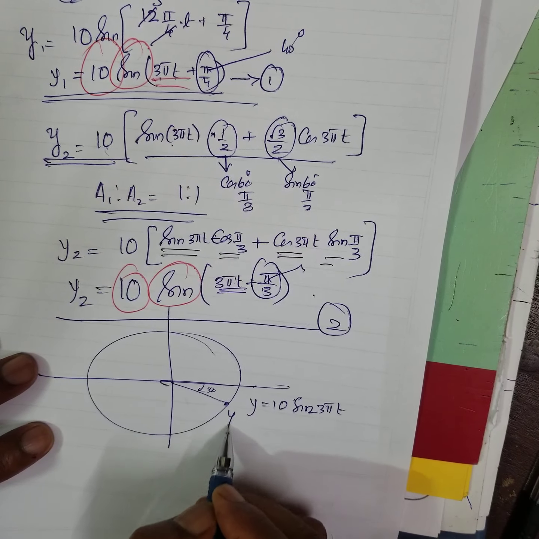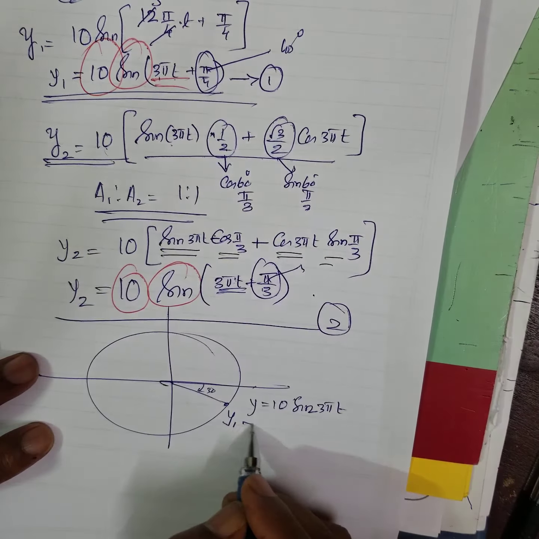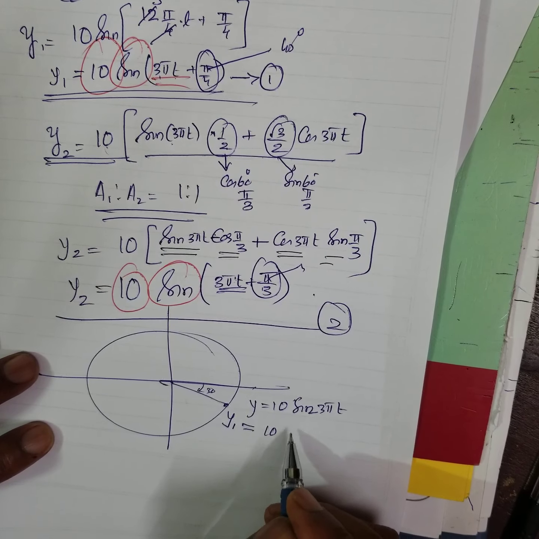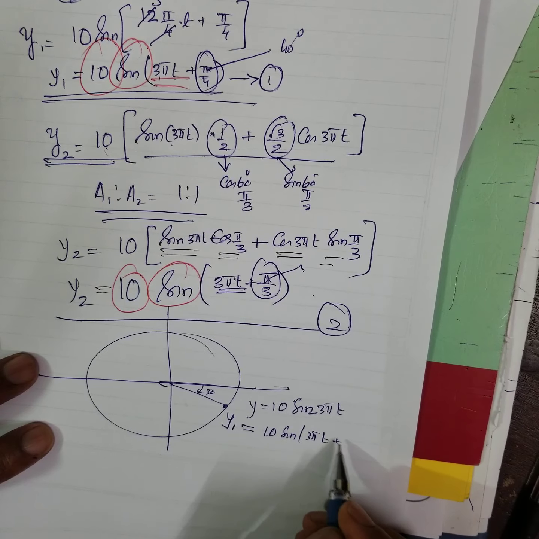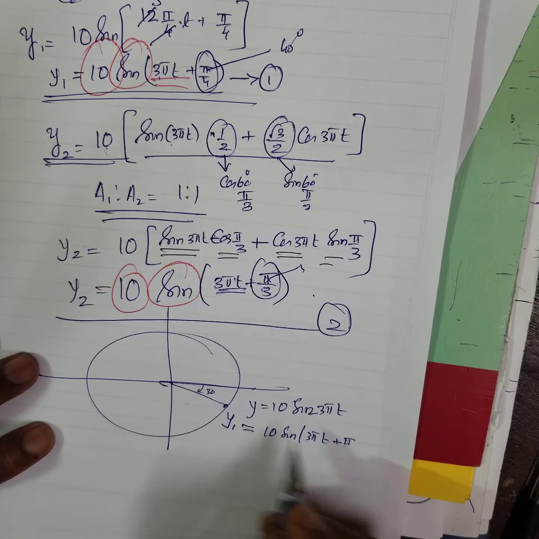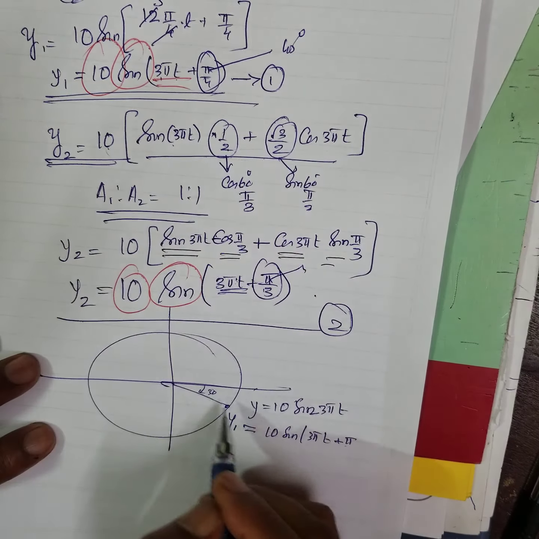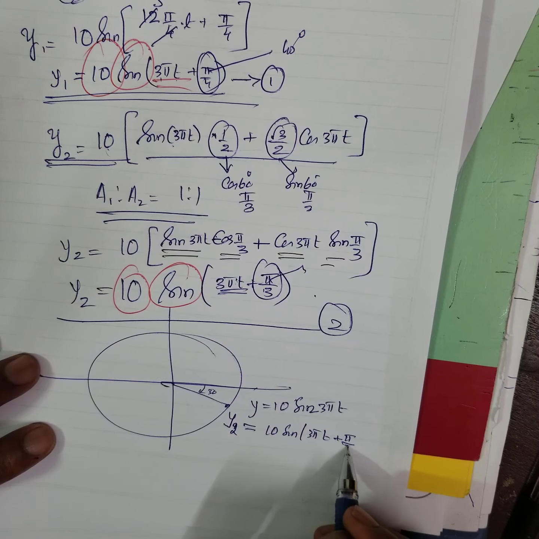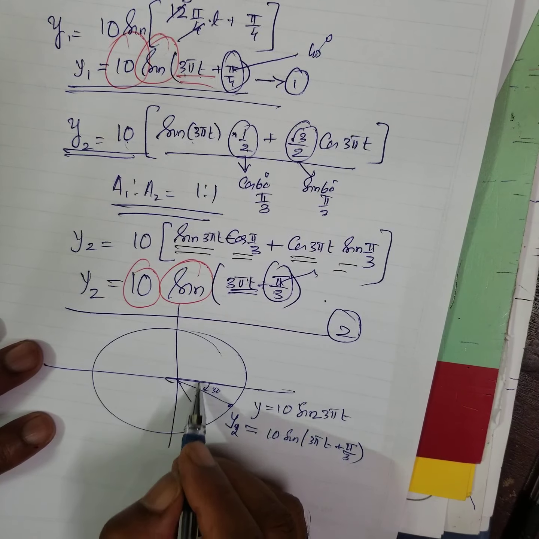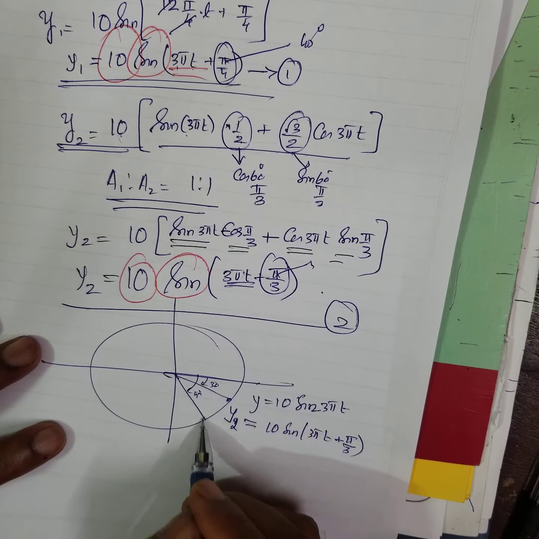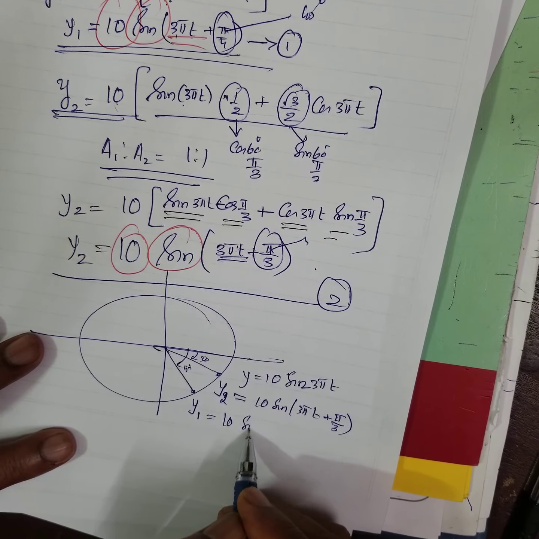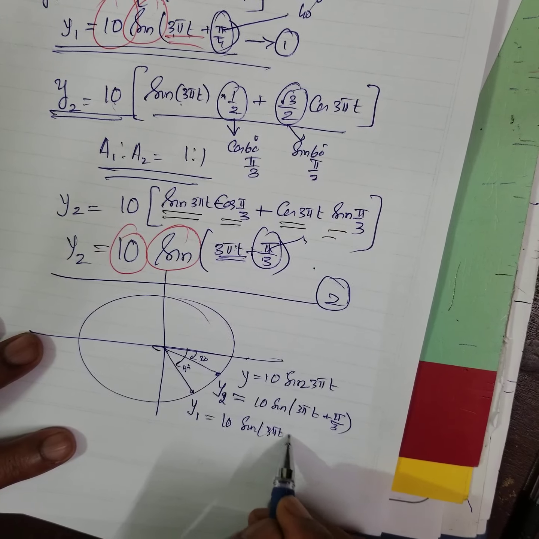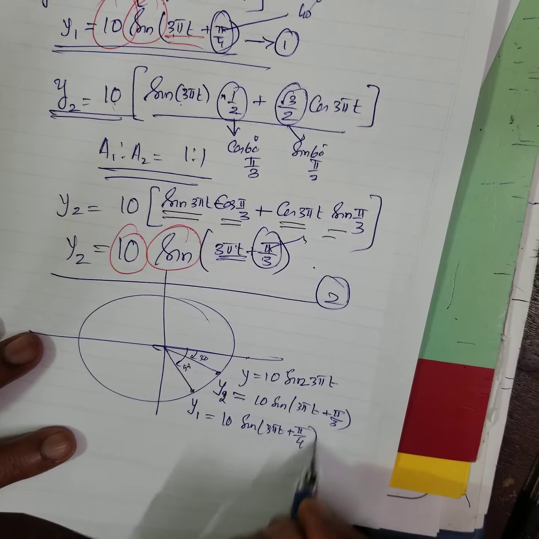So y2 is 10 sine 3 pi t plus pi by 3, and y1 is 10 sine 3 pi t plus pi by 4, which is 45 degree.